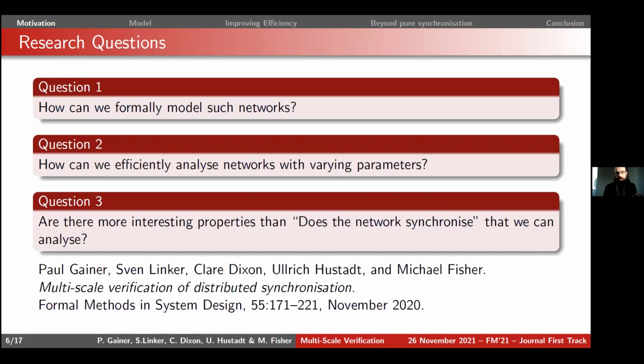So where we are changing the duty cycle, for example, or the probability for failures, or the perturbation function, and so on. And the third question is, up to now, we always think about whether these oscillators synchronize, or whether the network synchronizes. And we asked ourselves, are there more interesting properties? These 3 questions I will address in the rest of the talk.